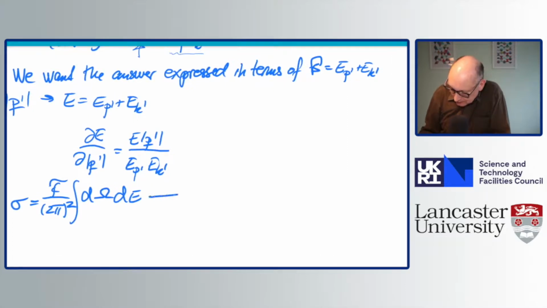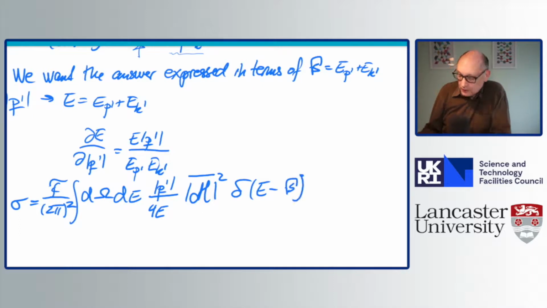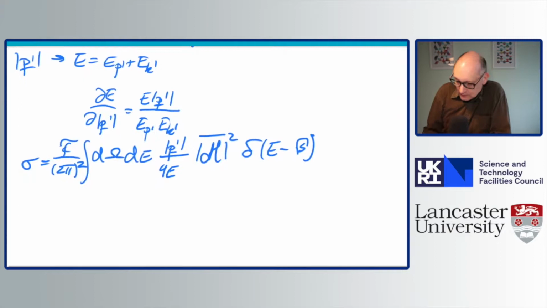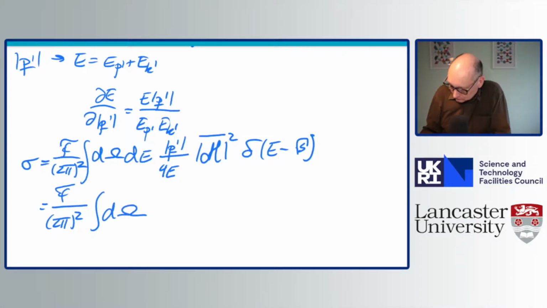Then we get a P prime length over 4E, the matrix element squared, and then the constraint that the energy that we had here, E_P' plus E_K', is equal to the center of mass energy, which is the flux factor over 2 pi squared, the angular integral, and then we just write E as square root s.